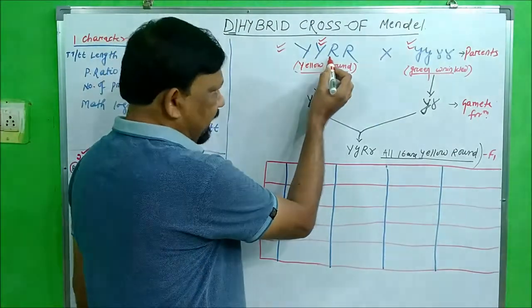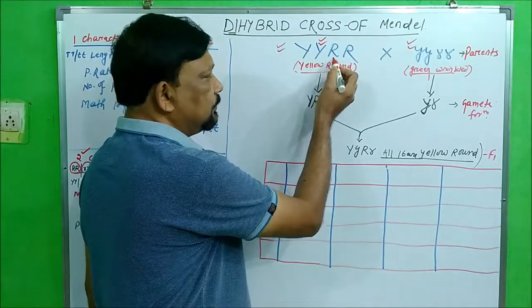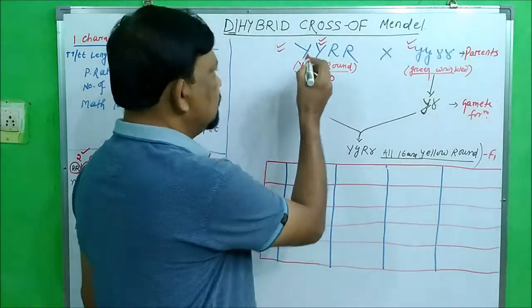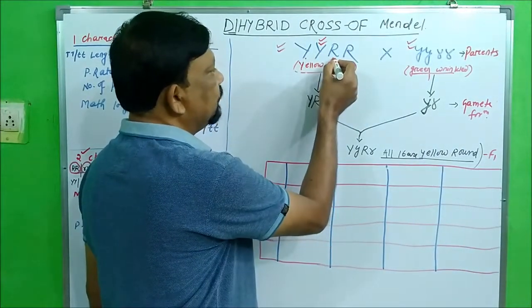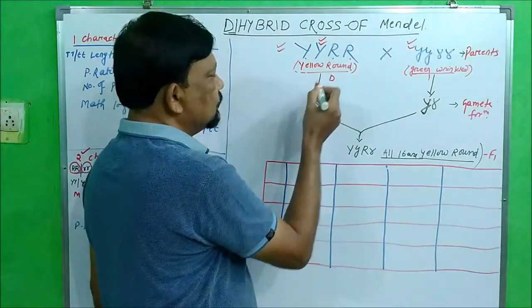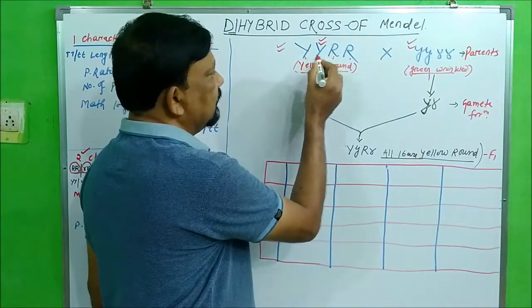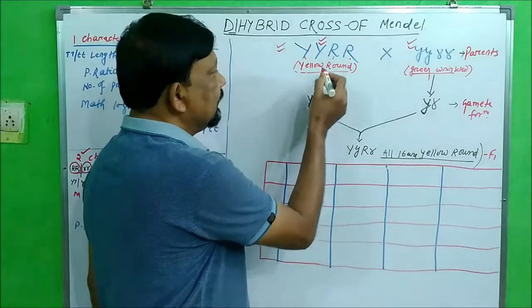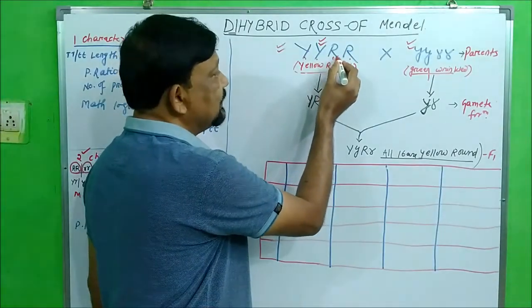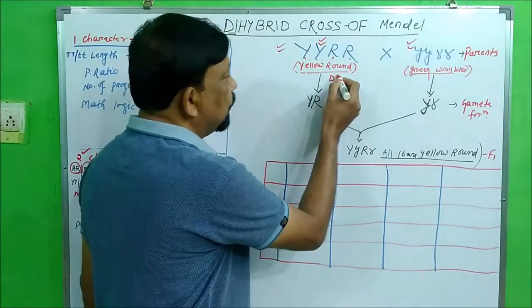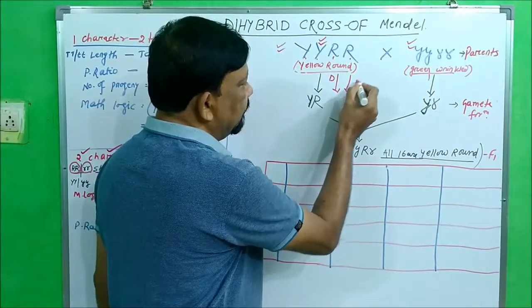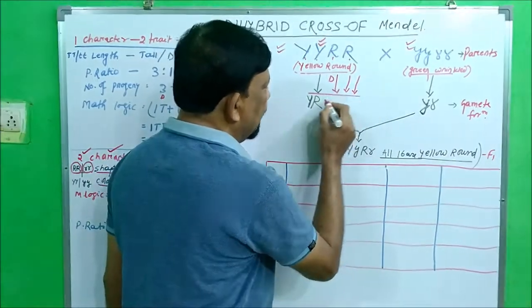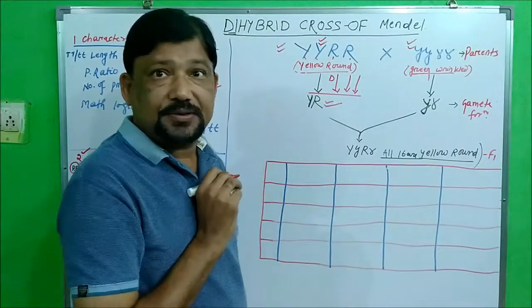So this parent produce 4 types of gametes. This Y has the freedom to combine with R as well as this R. So YR, this, and from this also YR. If this has the freedom to combine with this and this, then also YR. So 4 types of gametes you will get from here, and all 4 are similar gamete.